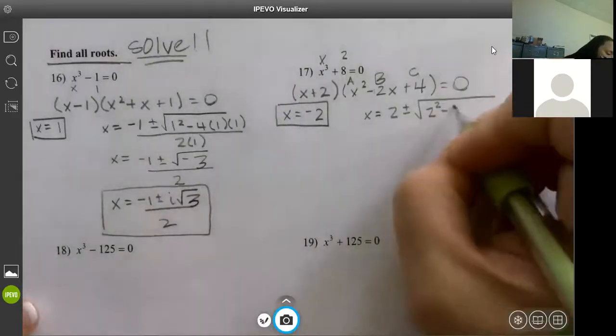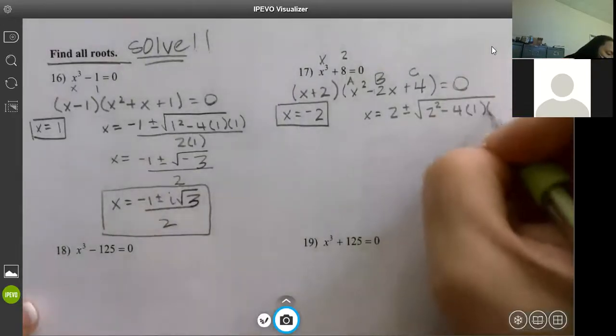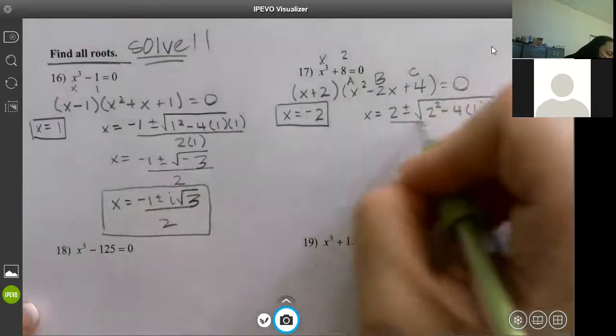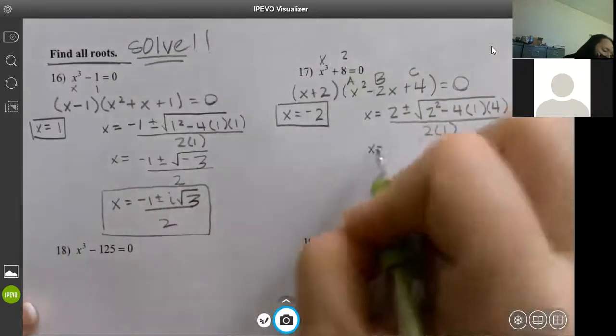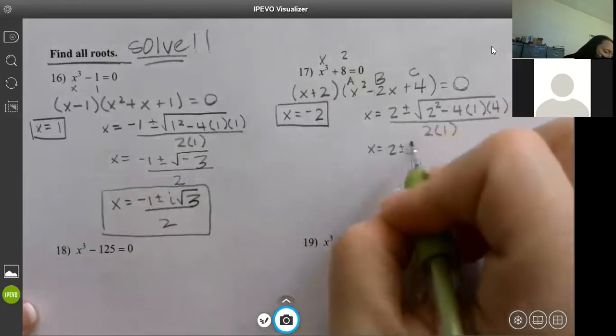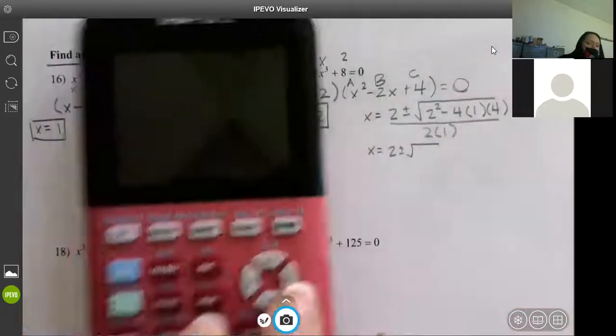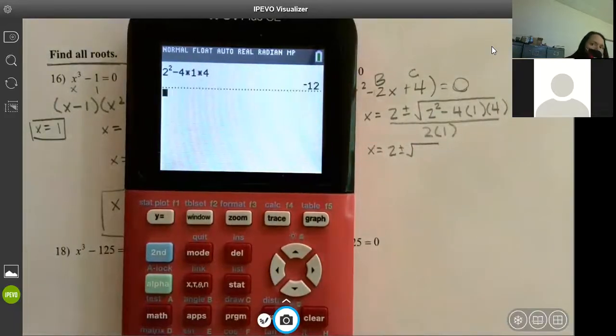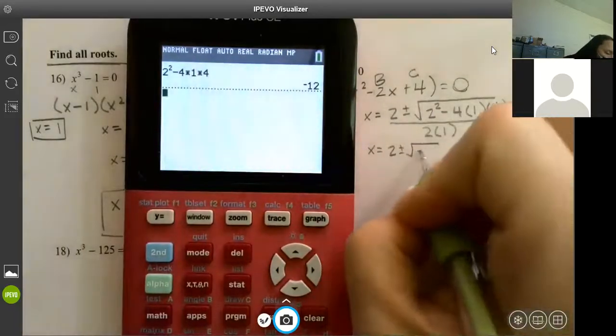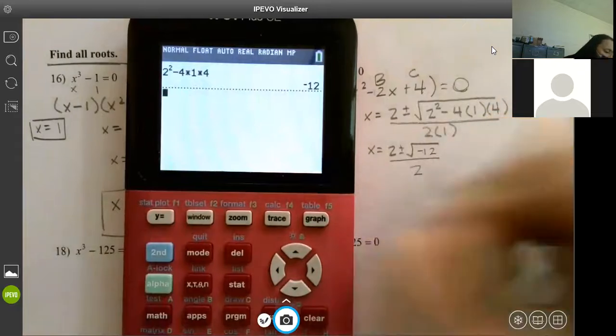So 2 squared minus 4 times A times C all over 2 times A. Just put in your square root part. 2 squared minus 4 times 1 times 4 gives me negative 12 over 2.